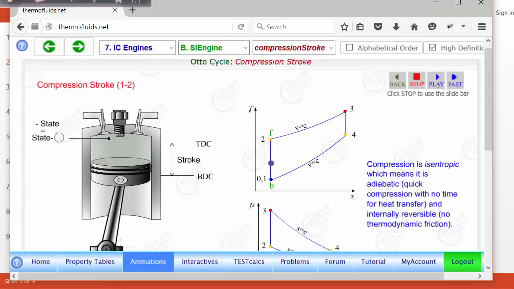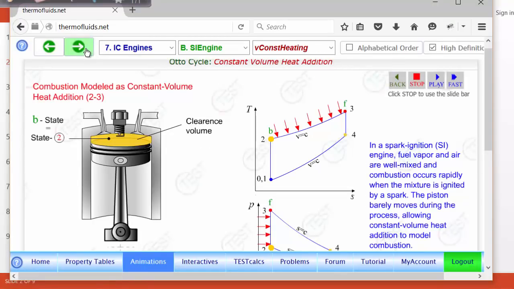Next, what happens? After the compression process, the charge is now hot. After isentropic compression, the air has been compressed to a higher temperature. So at that temperature, when you just spark, all the vapor, gasoline is ready to burn, and an explosion takes place.